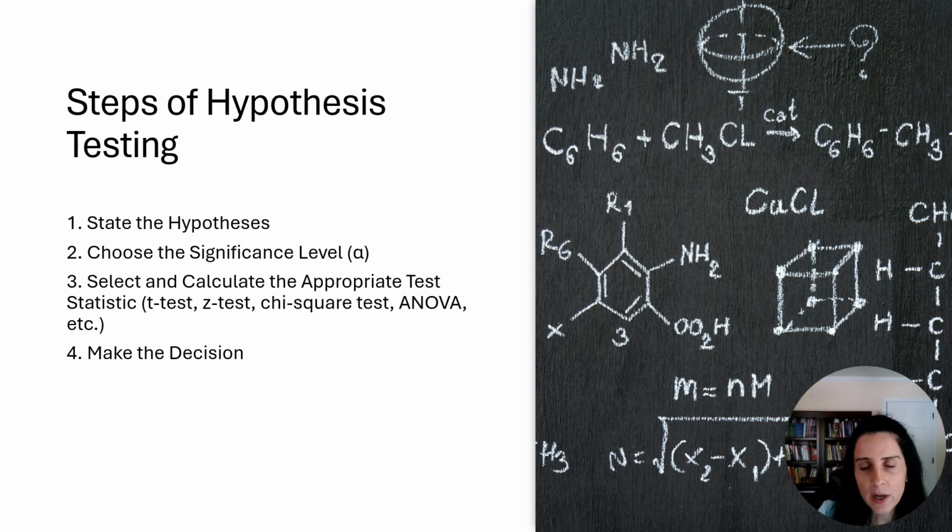Common choices for alpha are 0.05, 0.01, and sometimes 0.10. The choice of alpha level varies by field or by the type of study due to differences in the context, consequences of errors, standards of evidence, and the nature of the research being conducted.